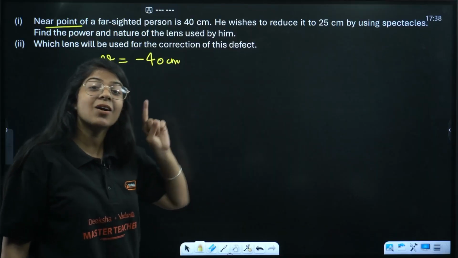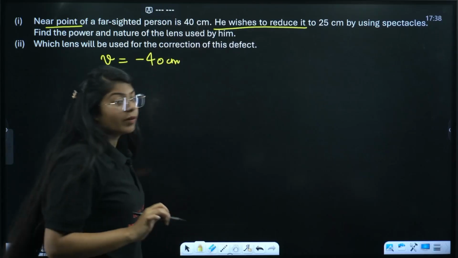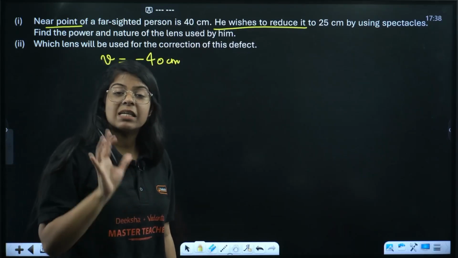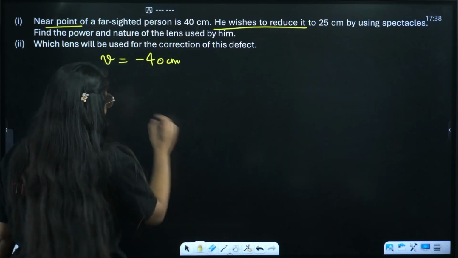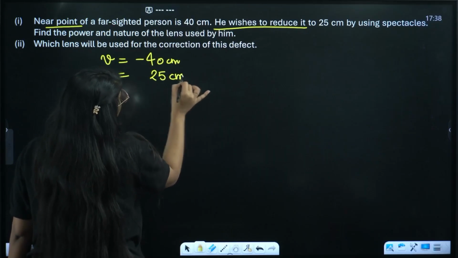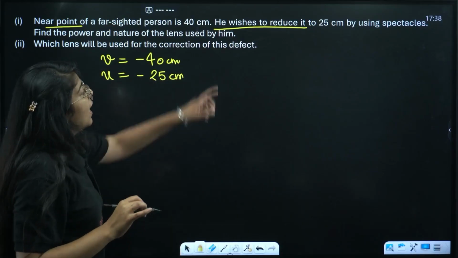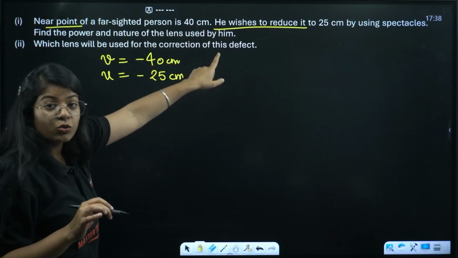Now that is my object, because if he wants to reduce it to 25 centimeter, that means he wants to place the object at 25 centimeter, right? So U will be 25 centimeter but in negative. By using spectacles, find the power and nature of the lens used by him.